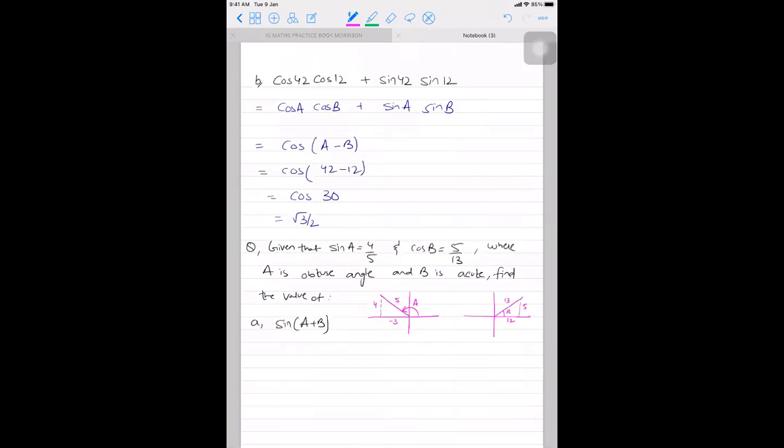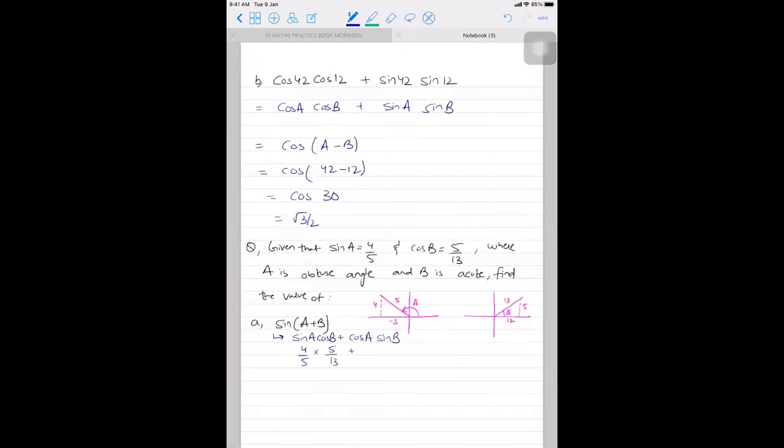This is angle B. Now, they want us to evaluate sine of A plus B. What is the expansion of sine of A plus B? Sin A cos B plus cos A sin B. So what is sine of A? 4 upon 5. What is cos of B? 5 upon 13.